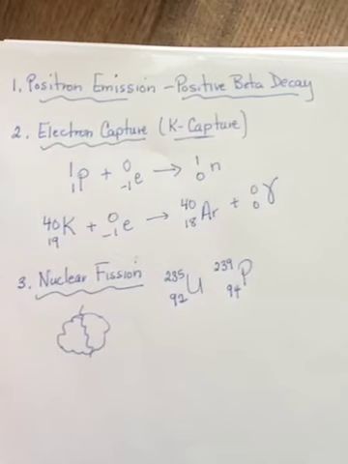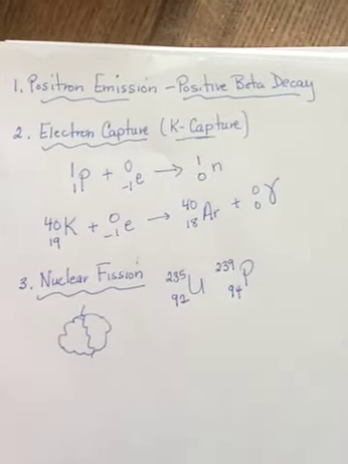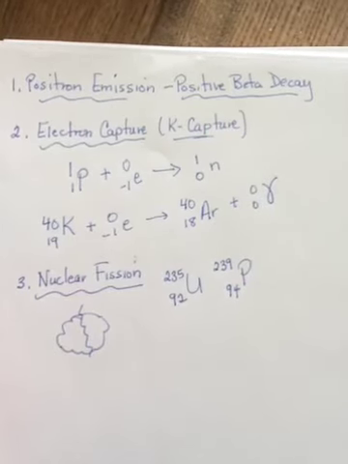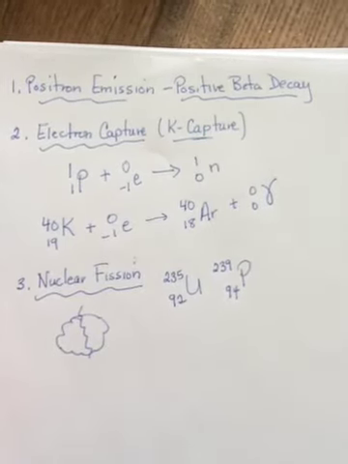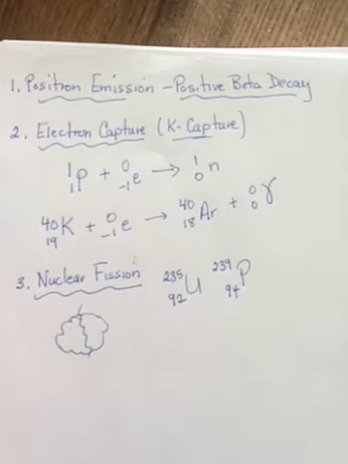Remember, not that long ago, I think it was last night's homework, or the lesson before this homework, where you had to figure out the amount of binding energy per nucleon. And what we discovered was the bigger the nucleus, the bigger the binding energy per nucleon.